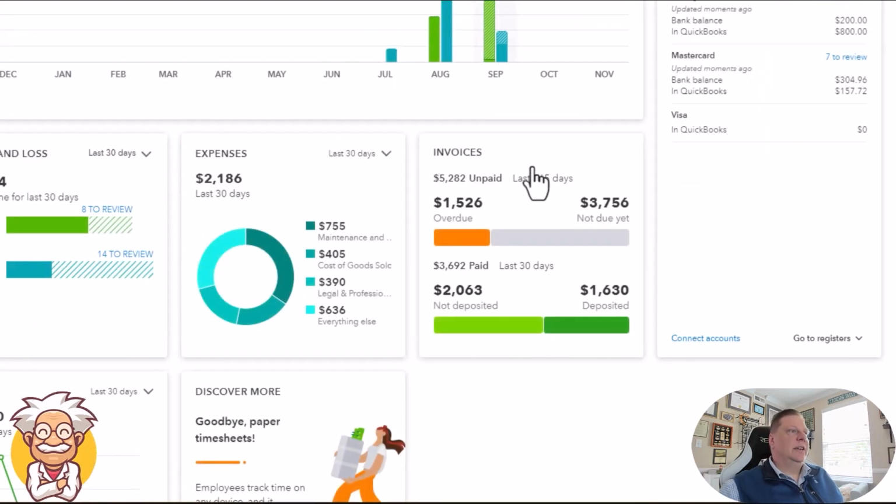Invoices are your income and what you have sent out to your customers. Quickly tells you what's overdue, what's not due yet that you've billed in the last 30 days, how many of your customers have paid, and whether or not you've deposited those funds or not. So again, it gives you a quick overview of how your company is doing when it comes to billing your customers.